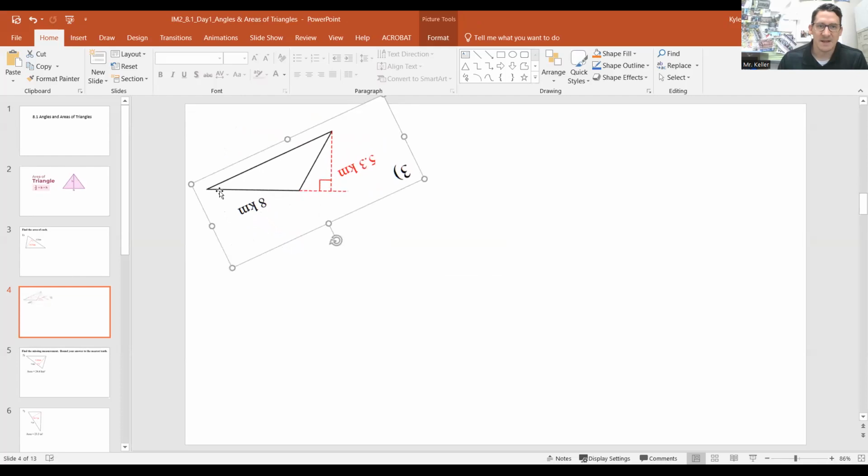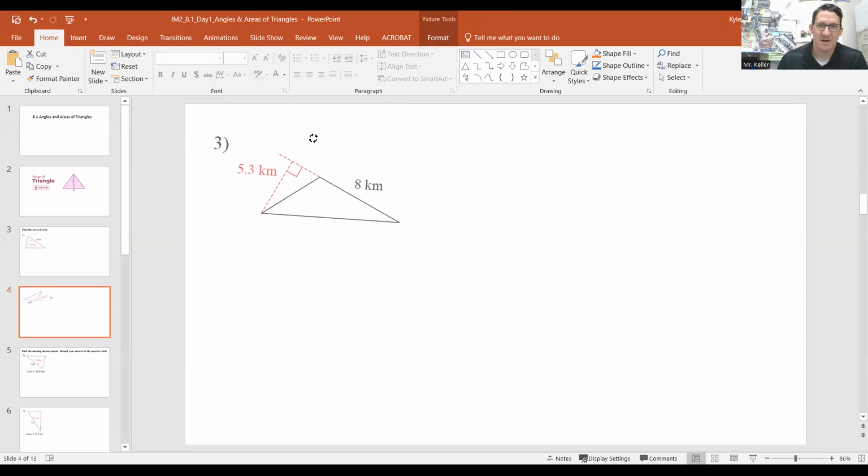And we can see like the 8 is the base. And because the height wouldn't be inside the triangle, that happens sometimes. So you kind of have to imagine the height extending past the vertex, where the vertex opposite of the base is up here. And so the height needs to go straight down to where the base would be. So sometimes you see the height outside of the triangle.